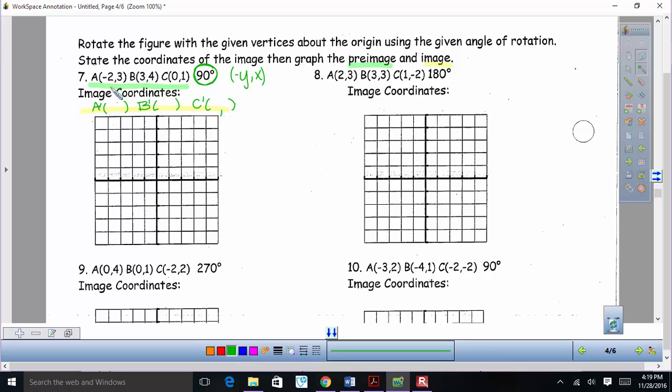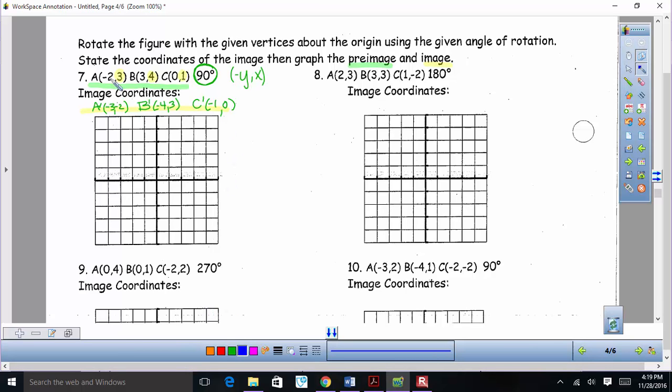So here I swap 3 and negative 2, and that actually becomes, let's go ahead and highlight, 3, 4, and 1 are going to change signs. So this would be negative 3, negative 2. For B prime, this would become negative 4, 3. And then for C prime, this becomes negative 1, 0. Okay?